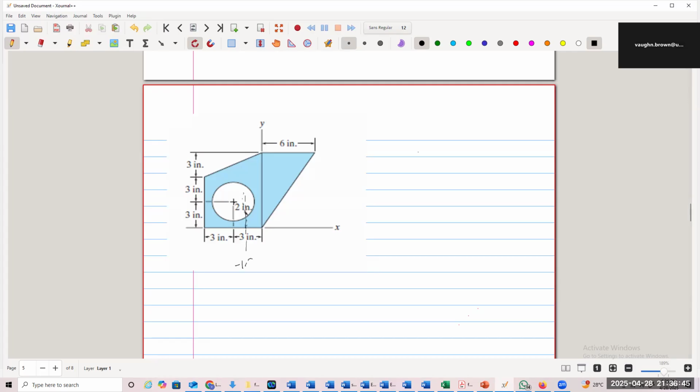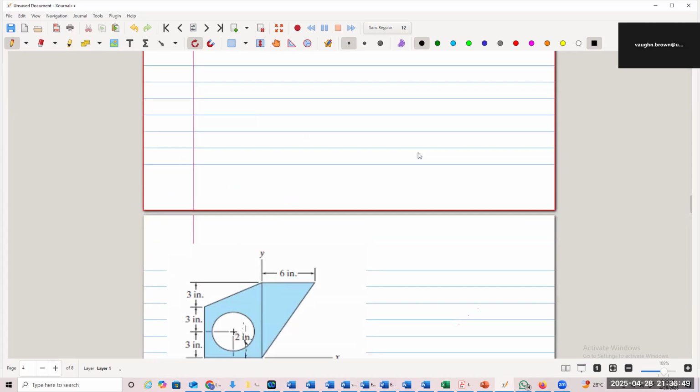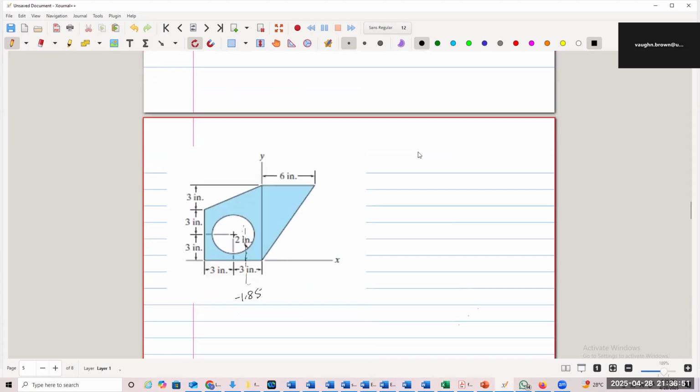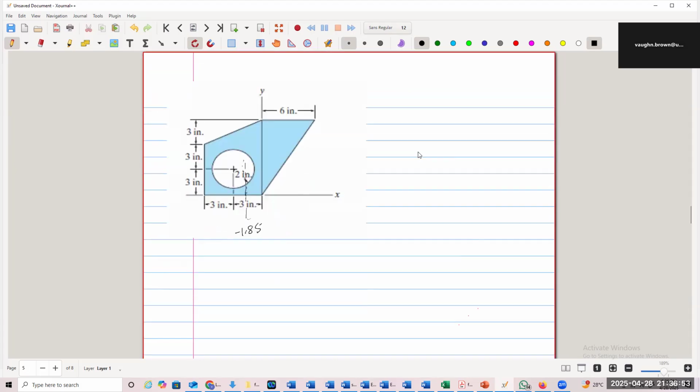And the y is 6.24, which would be somewhere up here. Look, this line is 6, so 6.24 is going to be somewhere up here. So the center is somewhere right here.